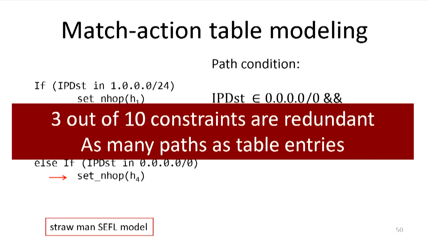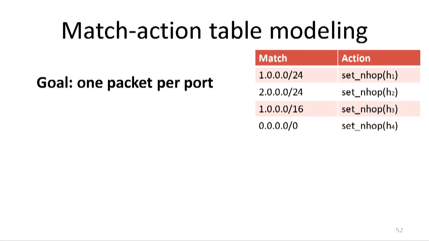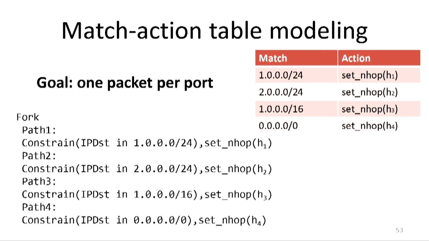In our case here, 3 out of 10 constraints are redundant, being implicit from the others. So at the other end of the spectrum, we would like our code to look something like that. Fork execution on 4 distinct paths and only add the direct constraints here. This is super efficient. However, it has a small problem, it is incorrect.